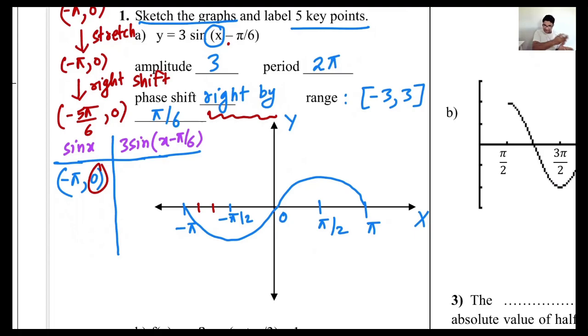So 30, 30, 30. No? 120 minus 90 minus 120 minus 150, which is 5 pi over 6. So your image point is here. I'm going to make a big blob and then mark it. That's the point. Okay. And I will write that here, minus 5 pi over 6, 0.